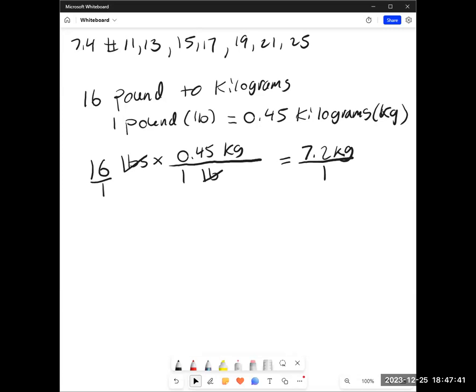Let's go ahead and look at our next problem here. It tells us to convert 188 grams to ounces.